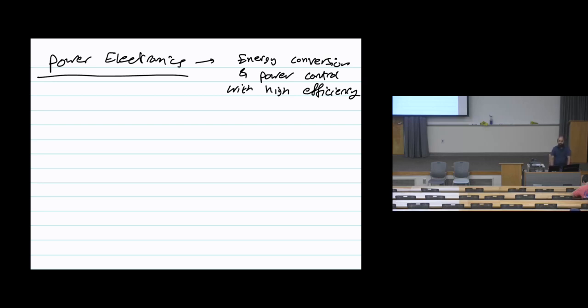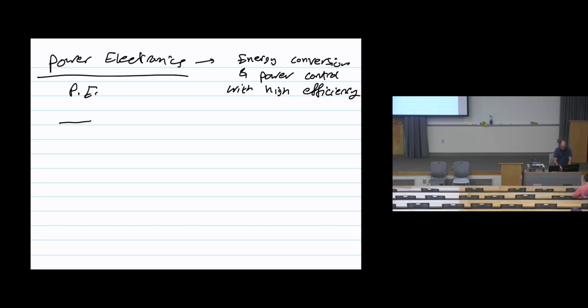So this allows us to apply these technologies in many applications in electrical engineering. As a shortcut, power electronics, sometimes we call it PE, can be used for energy conversion, like conversion between DC and AC.